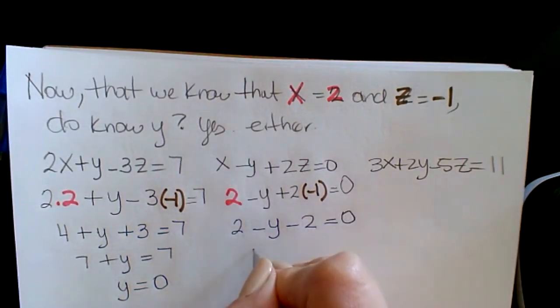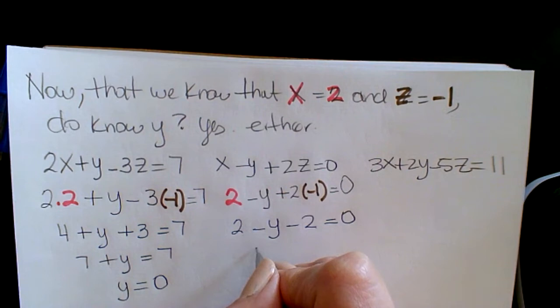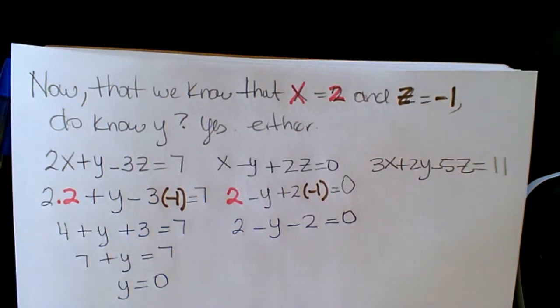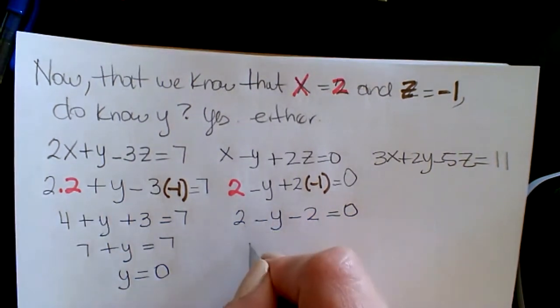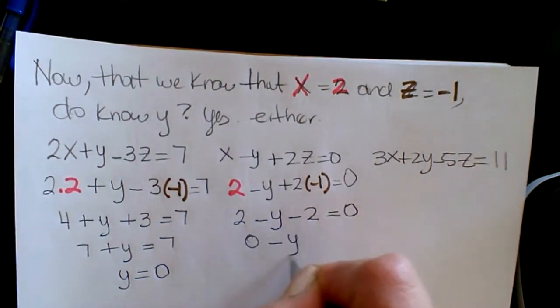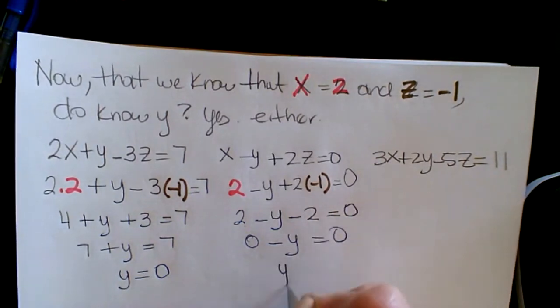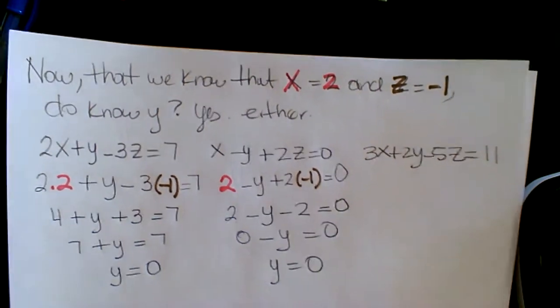This will be what? So this is 0 minus y equals to 0. So y is equal to 0.